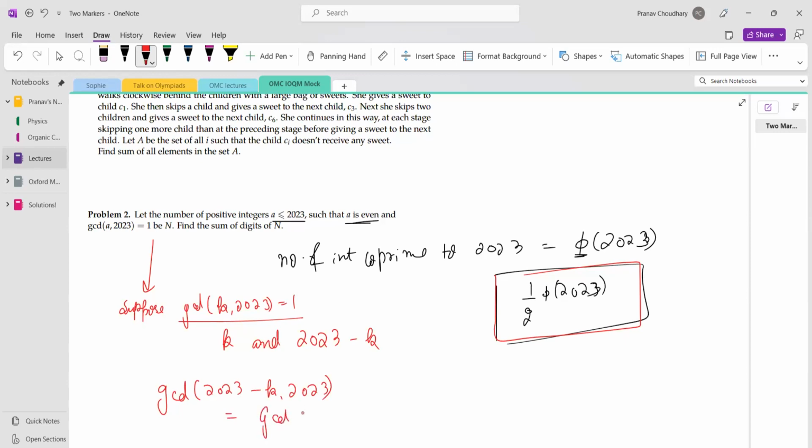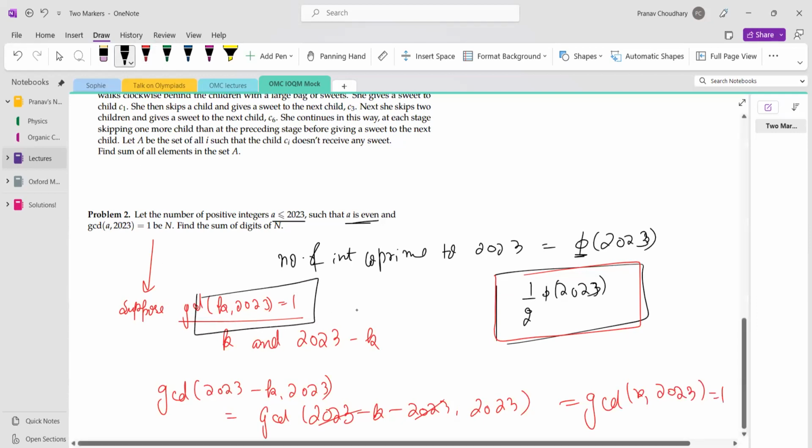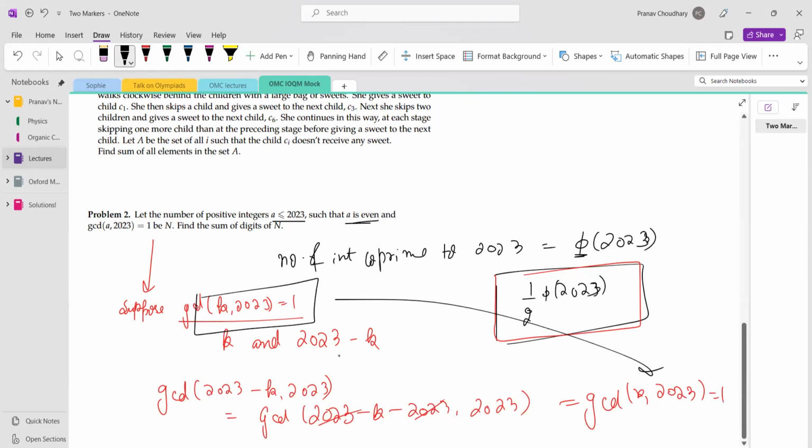This would be GCD of 2023 minus k minus 2023 comma 2023, and this is the same as GCD of k comma 2023, which is 1. So if GCD of k comma 2023 is 1, then so is GCD of 2023 minus k comma 2023. And now k and 2023 minus k have different parity.